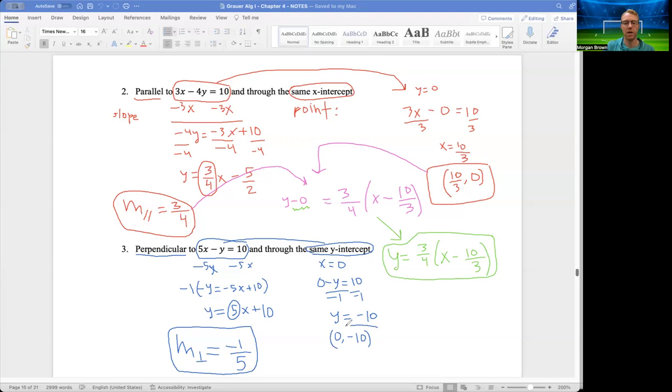So once I know my coordinate point and my slope, I can put these together into point slope form. So it's going to be y minus y1, and the minus signs will cancel out and give me y plus 10 equals my slope, which is negative 1/5.